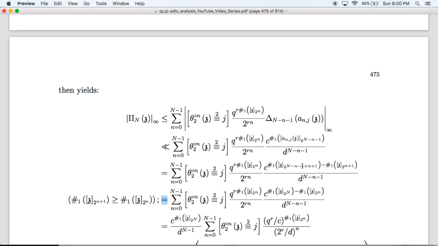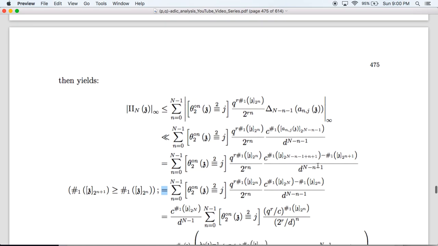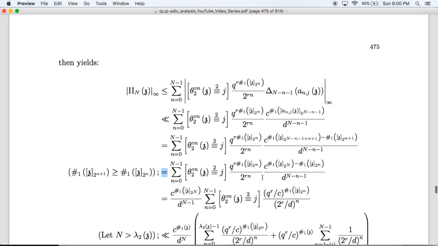Here, these two cancel out with those two, and now we just group everything. We'll pull out a big N minus 1, and we'll pull out c with the 2 to the big N. On the other hand, c to the little n will go underneath the q^r, whereas d to the negative n will go underneath 2 to the r, and so we get this.